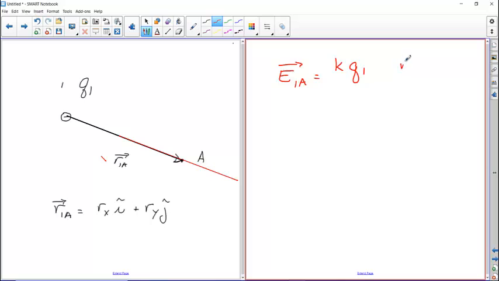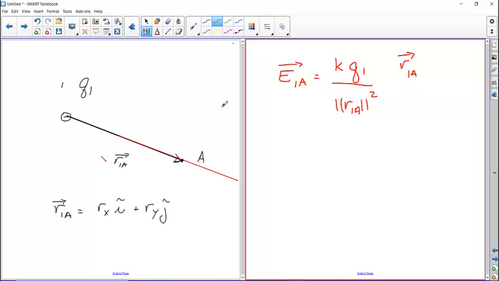Then we multiply by the vector R1A, and we divide by the magnitude of R1A squared. So this is the length of the vector. That gives you K Q over R squared, where R is always a positive number. So this gives us a magnitude of the electric field.